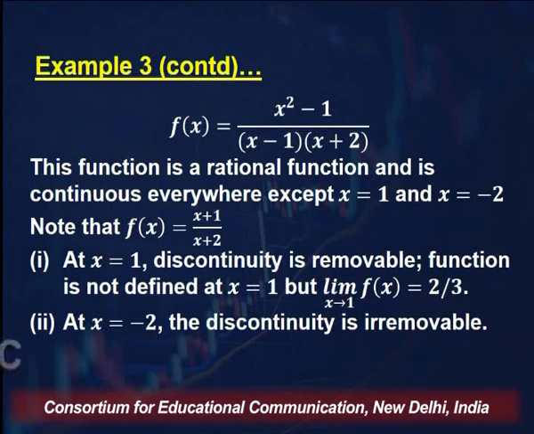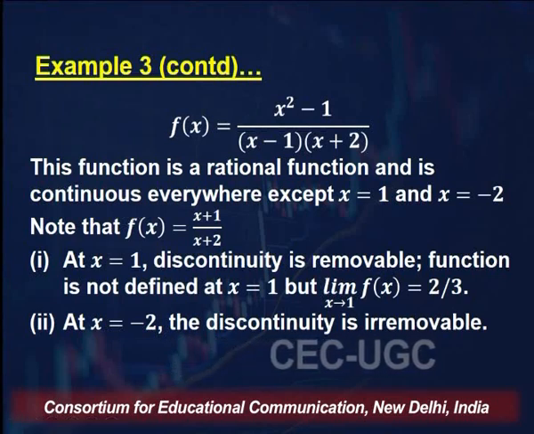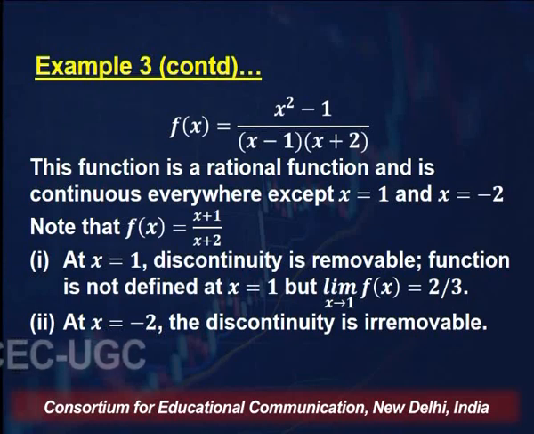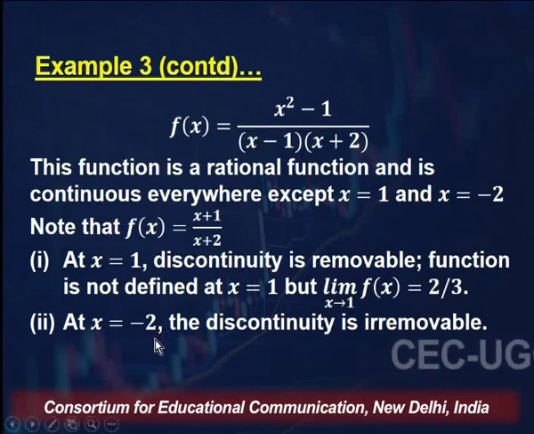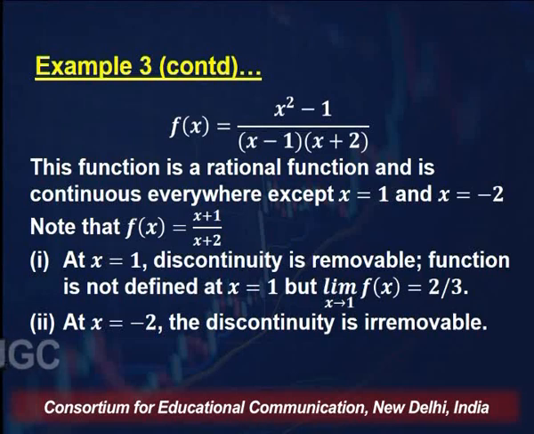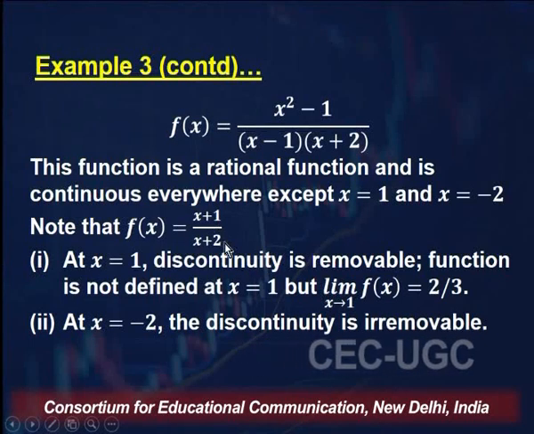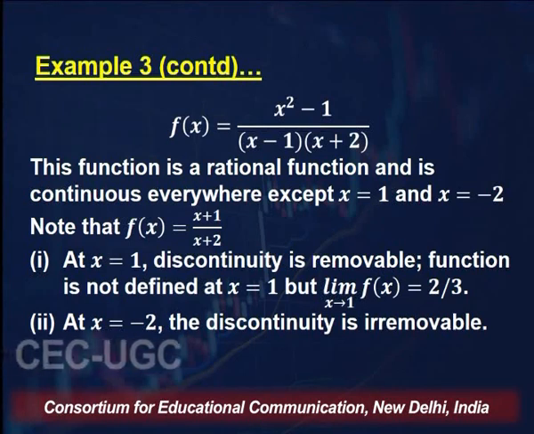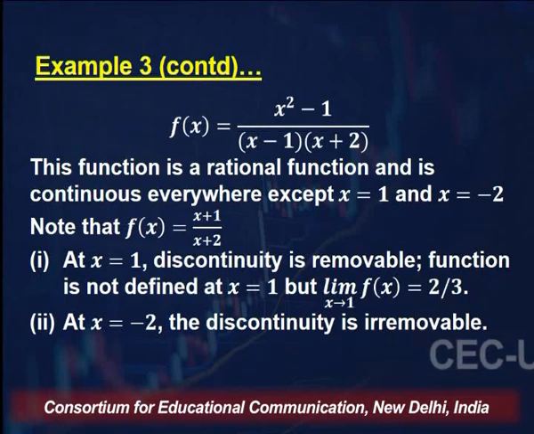I hope that's clear. And look at this other point where we had a discontinuity, which is x equal to minus 2. Now here, this discontinuity is going to be irremovable, because the problem in this case is not the first condition not being fulfilled, it's the second condition. If I still look at this function as x plus 1 divided by x plus 2, the limit of the function as x approaches minus 2 is either going to be infinity or minus infinity, depending on whether x approaches minus 2 from the left or from the right.